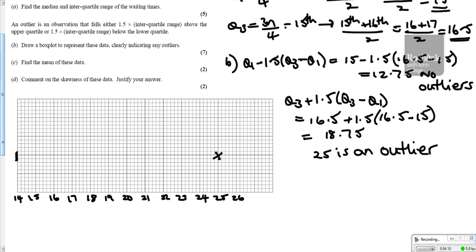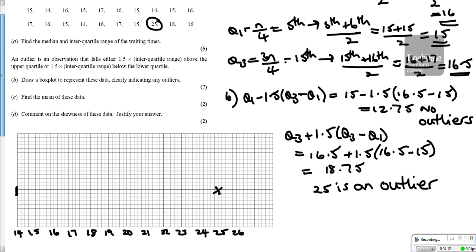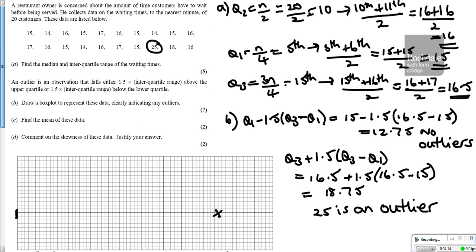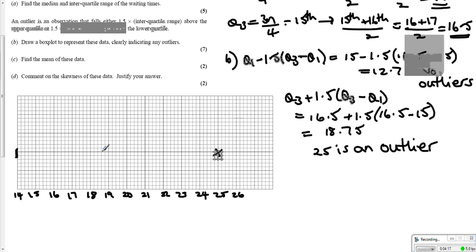The next highest after 25 was 18. So if you know the actual value, you can put that on. If you didn't know the actual value, you'd use 18.75, the upper boundary for outliers, but we actually know the data. Our median was 16, if I remember correctly.